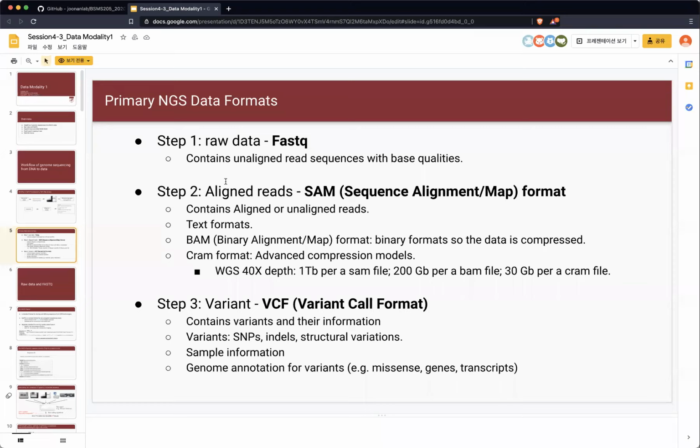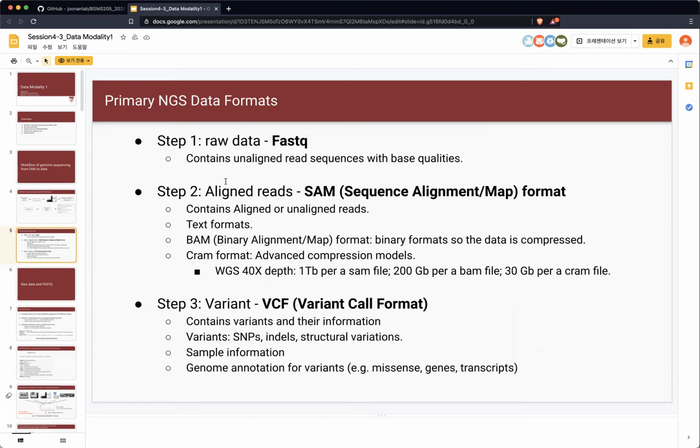In that case, we store that information in the SAM format, which is the Sequence Alignment Map format, right? So shortly we call it SAM format, and that obviously contains the aligned or unaligned reads, right? If you successfully aligned to the reference genome, then we call them aligned reads.